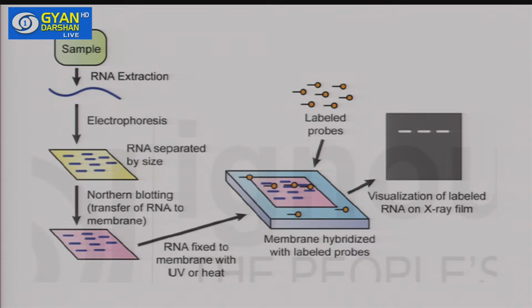That is, you will prepare a probe, a labeled DNA or labeled gene of interest, and you will hybridize that gene of interest with your RNA. So if there is transcript, then ultimately the gene of interest which you have used as a probe will bind to the messenger RNA, so that you will be able to find out that the messenger RNA transcript is generated.